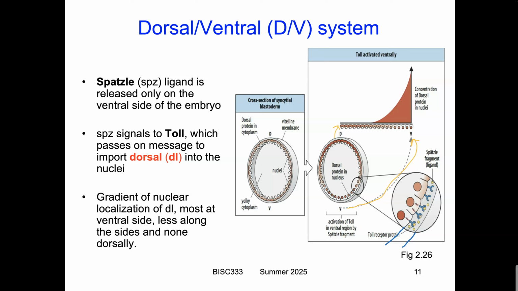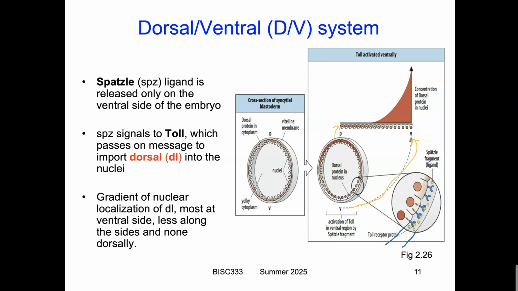Toll is transmembrane, so the inside part of the receptor can bind to a gene called Tube. There's another protein here that's kind of like an adapter. It makes a connection between Tube and Pelle, and it's just called DMyD88.